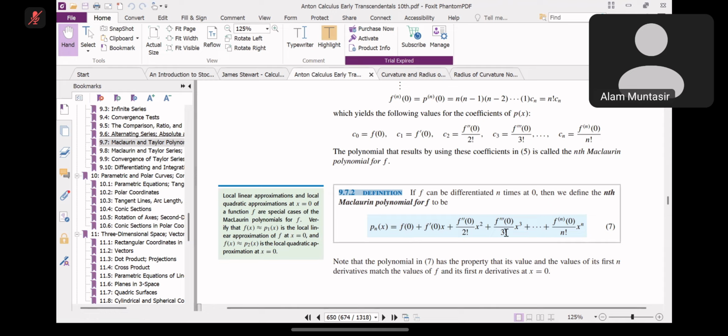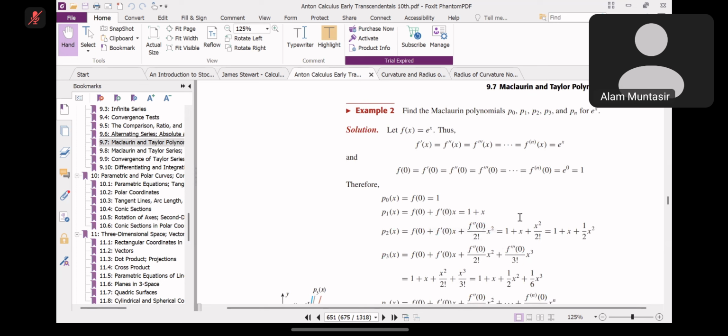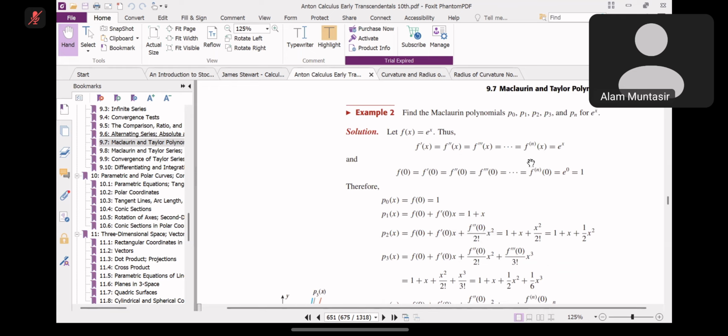This is the general expansion formula for n degree Maclaurin polynomial. And here is example 2, where we can calculate the Maclaurin polynomial for the e to the power x function.